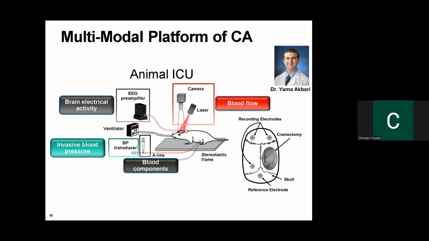So in our collaboration, we added an LSI arm to look at blood flow in a rodent model where a craniectomy was performed, so the skull was removed, to resolve the blood flow dynamics occurring in the brain.